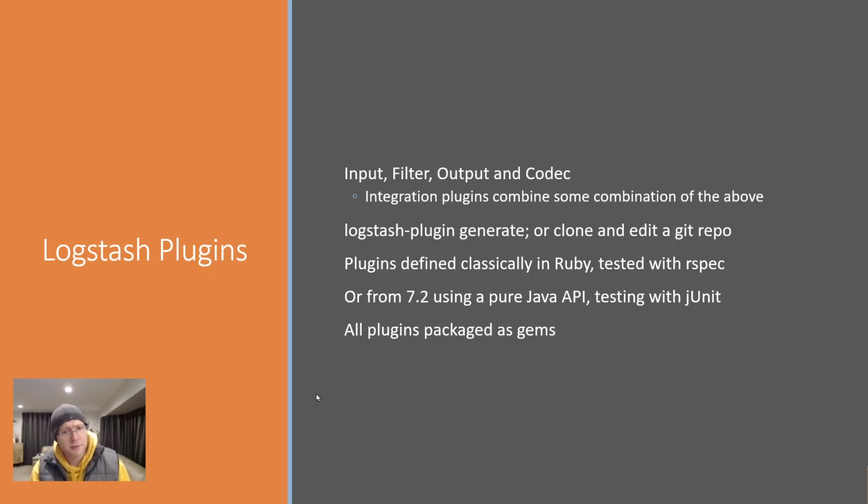And you'll probably be familiar with inputs like file or syslog. You'll be familiar with outputs like Elasticsearch, maybe file, and filters like grok, GeoIP, date, those kind of things.